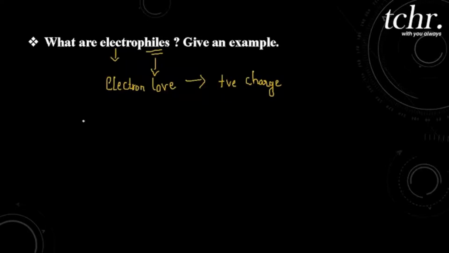Understood, students? Electrophiles are electron deficient species. They do not have much electron that is required. So when they are electron deficient, what they do, they attract towards electron rich center. For example, they are carrying positive charge, like it can be H plus or Cl plus or nitro group NO2 plus.